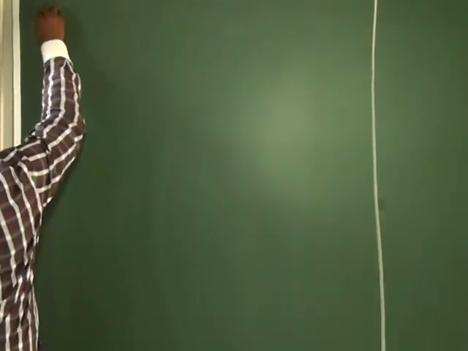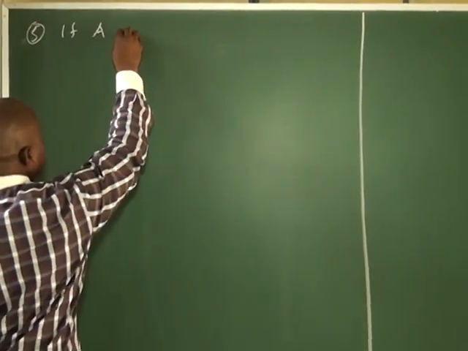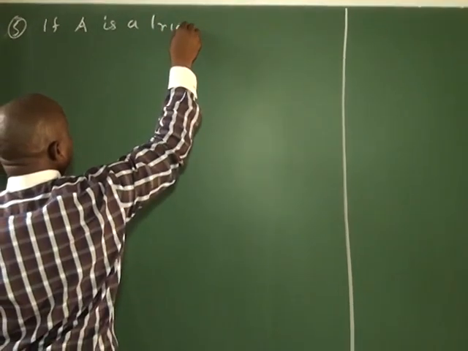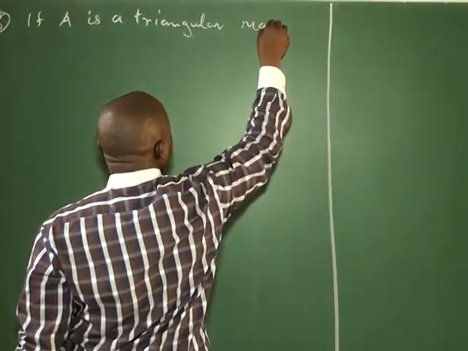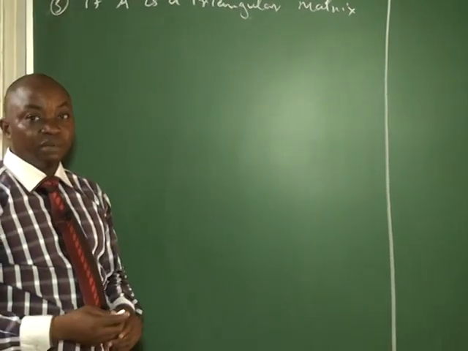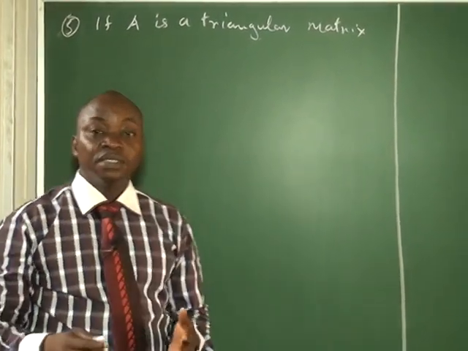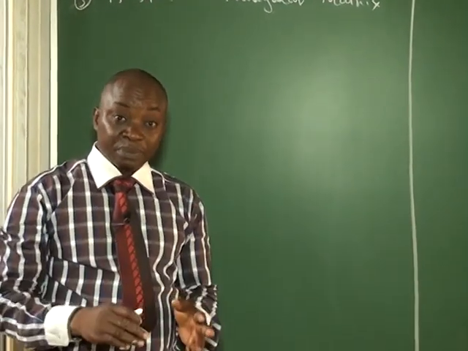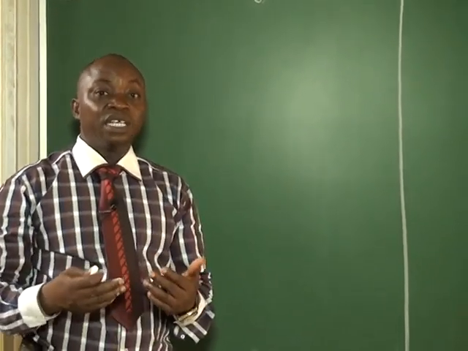For property number 5, if A is a triangular matrix, either upper triangular or lower triangular. We have learned about triangular matrices. If all the elements below the principal diagonal are 0, that is called an upper triangular matrix. If all the elements above the principal diagonal are zeros, then it is a lower triangular matrix.